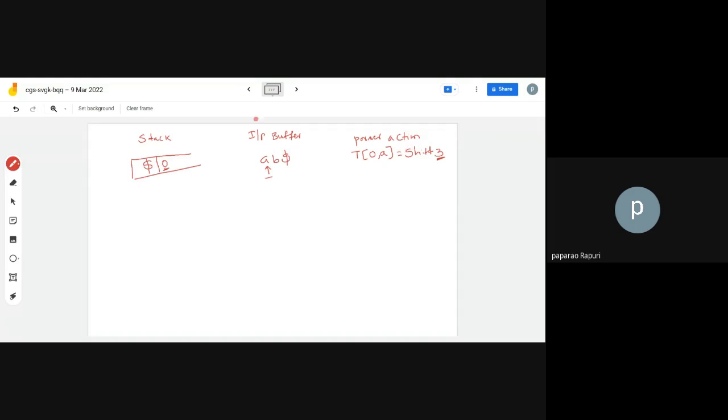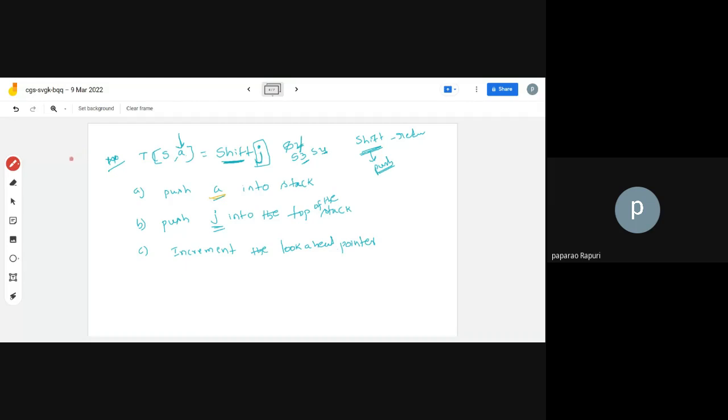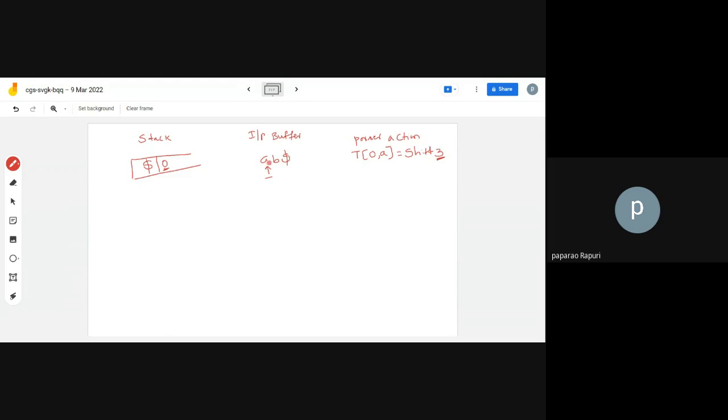Suppose when we get this situation and want to do a shift operation, what do we have to do? First we need to push A into the stack. This is the first step.